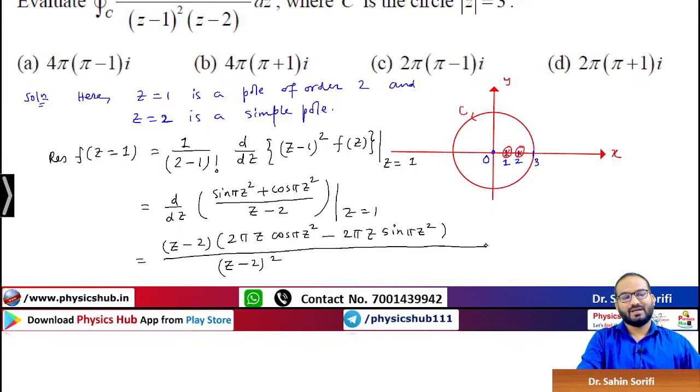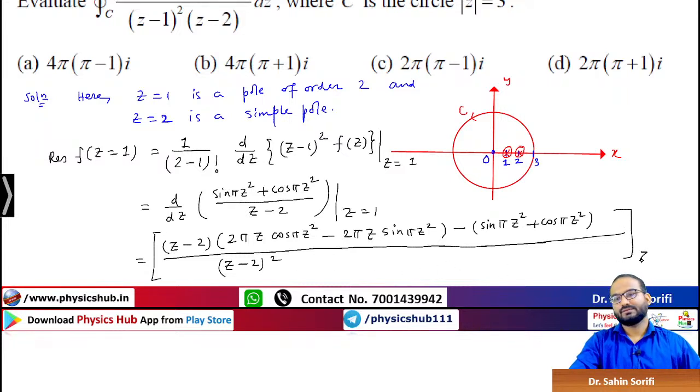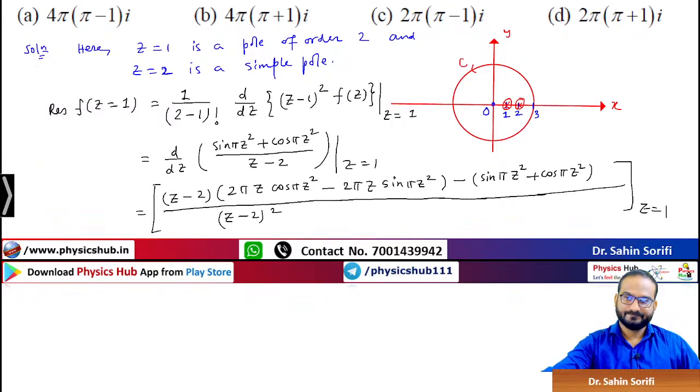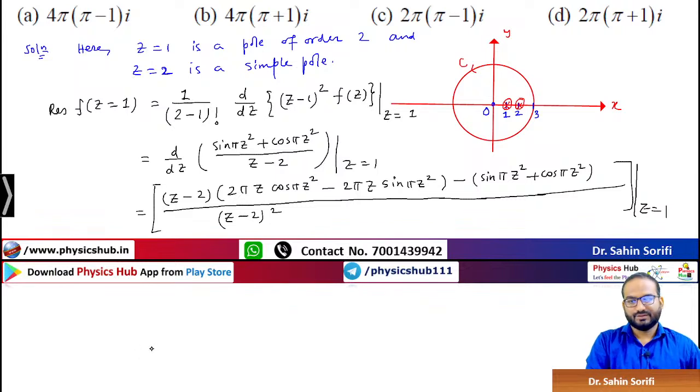So v du minus u dv, where u is sin pi z square plus cos pi z square, and derivative of z minus 2 is 1. Option B you are getting, very good. Let's put the value z equals 1.